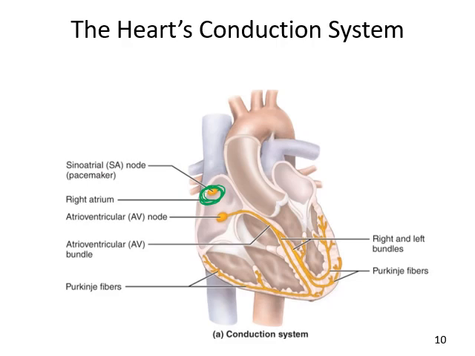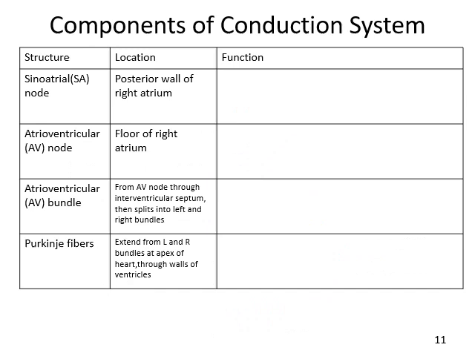From there, we spread through the atria and then into the AV node, which has a very specific job. Then through the AV bundle in the interventricular septum, and then up and around from the apex of the heart, traveling back this way.